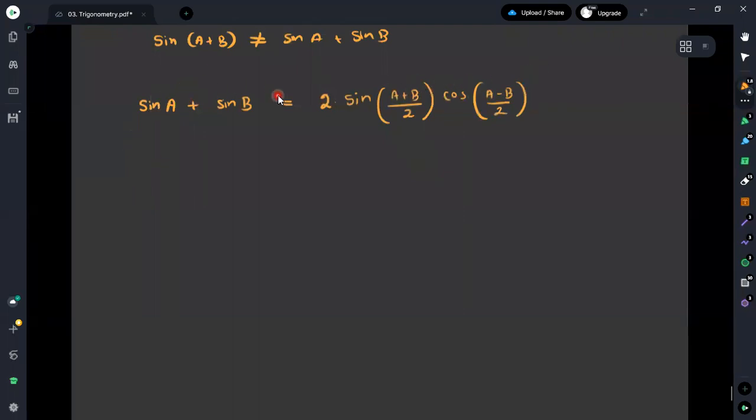But if you are doing the calculations manually, instead of taking sine A and sine B, we can replace the sum with the product identity, which makes our calculations very easy. Once you move to proofs, these identities will be widely used.